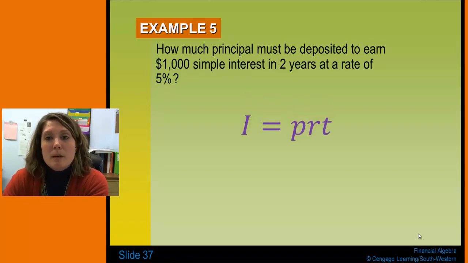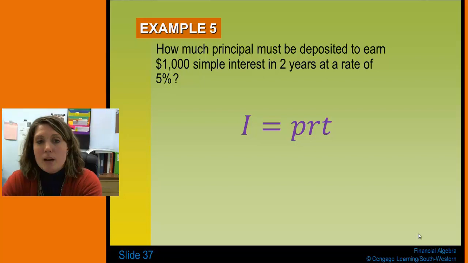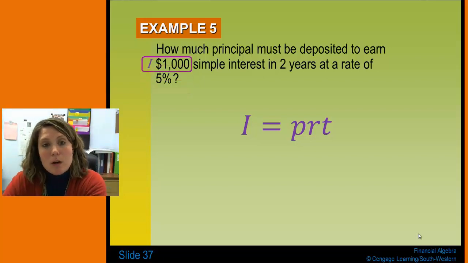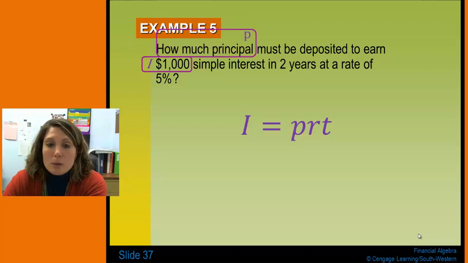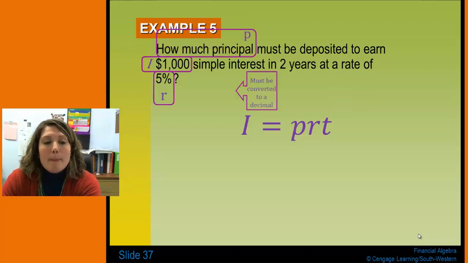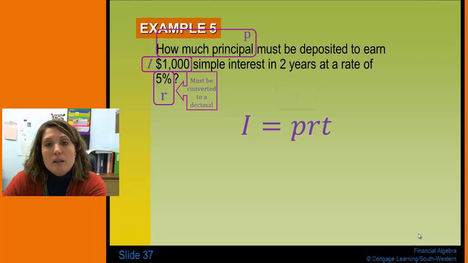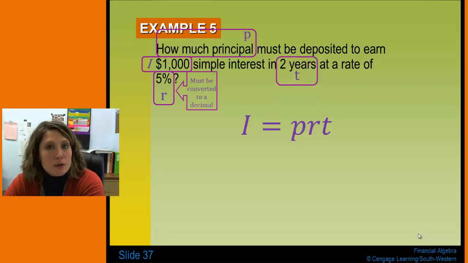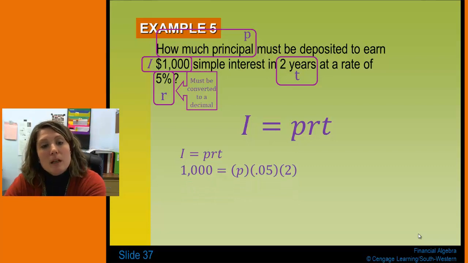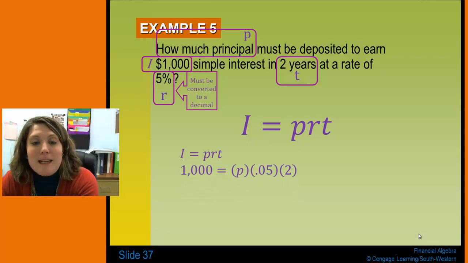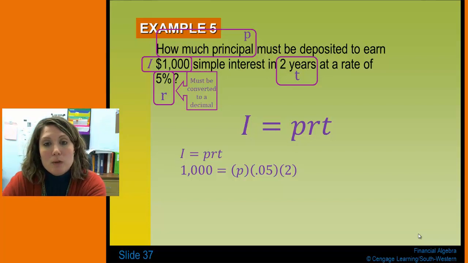So how much principal must be deposited to earn $1,000 in simple interest in 2 years at a rate of 5%? This one's a little bit different because they tell us what the interest that we're going to earn is. They don't tell us what the principal is. They tell us the rate of 5% and for how long, after 2 years. So again, same formula, fill it in, but this time it's going to be 1,000 equals P times 0.05 times 2.